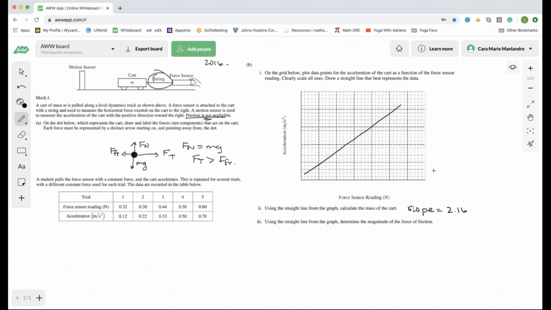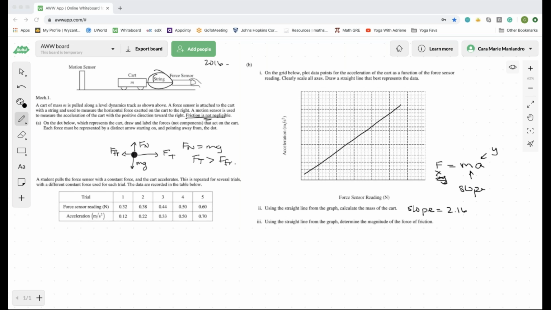Note that F is my y, and this is x, so a is my x and F is my y.